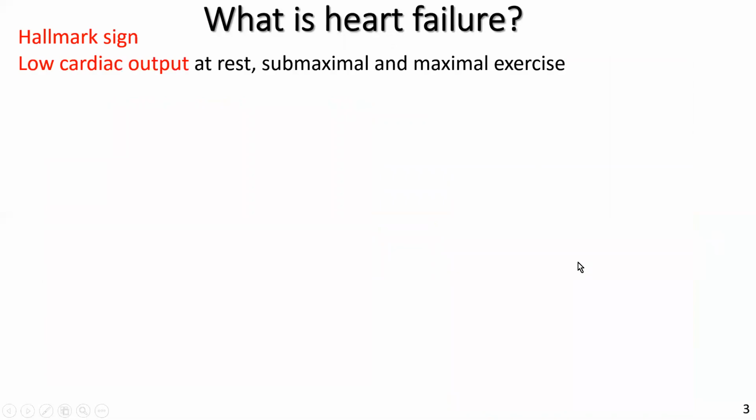So what is heart failure in more detail, a bit more physiology here? The hallmark sign, the unifying sign, is low cardiac output at rest and during submaximal and maximal exercise. So every part of someone's life with heart failure, the unifying feature is low cardiac output.